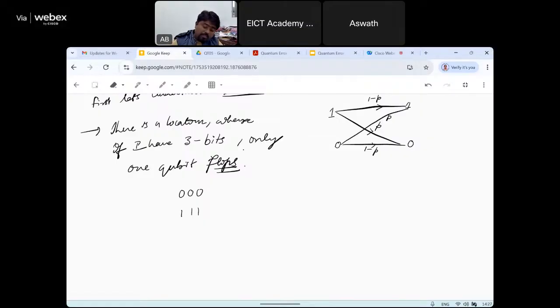So I will call all these 3 bits logical 0 or logical 1. What I mean is, instead of carrying one piece of information by a single bit, I'll put 3 storage locations together to ensure that the same bit of information is copied onto them. It is like cloning or copying.